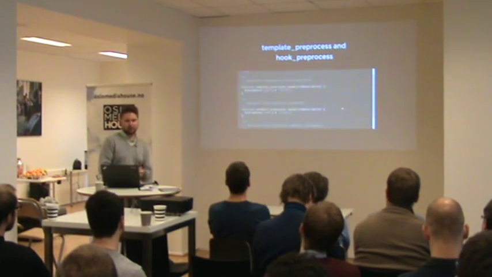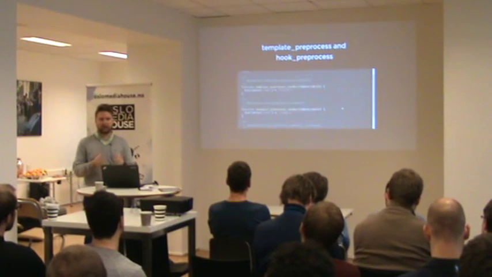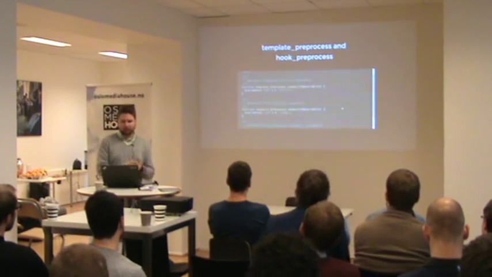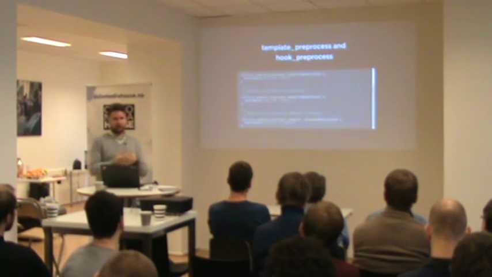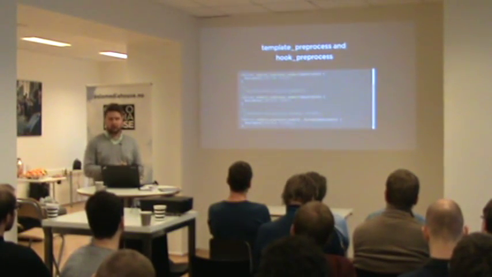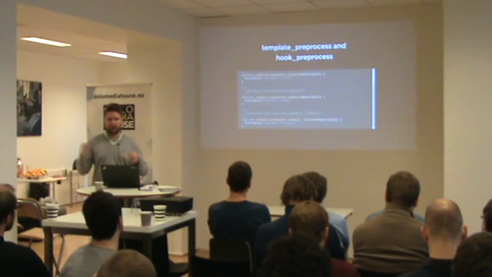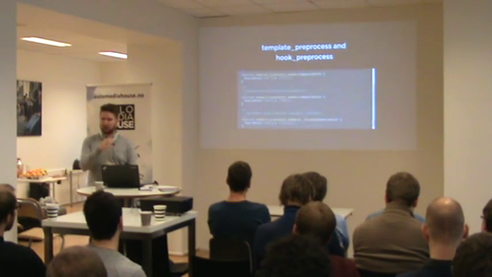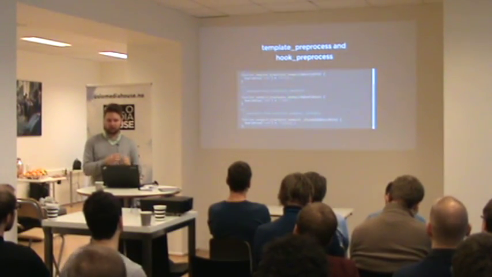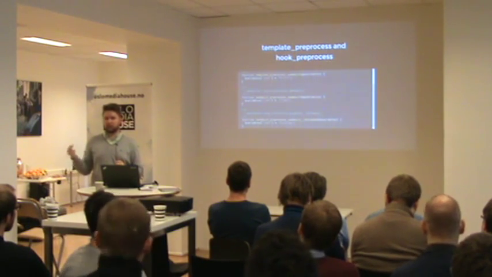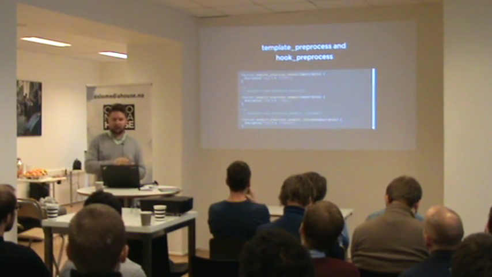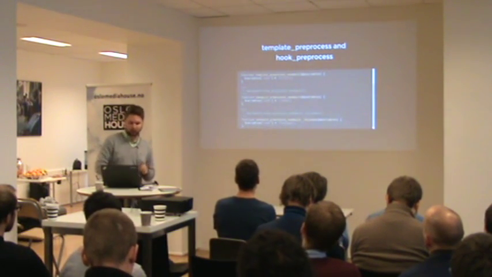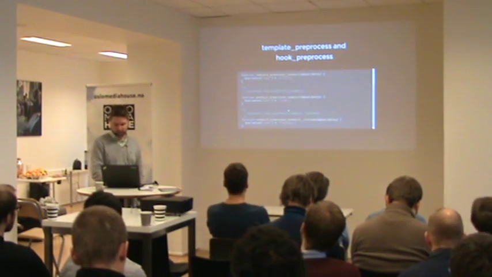So the idea of the template_preprocess function is that you can create an altering that the preprocess functions can rely on. But then, when you alter something in a preprocess function, none of the other preprocess functions can rely on what's going to happen there, because you don't know exactly what the order is going to be, except in the themes you can rely that the parent theme's preprocess function has happened, and the other modules can rely on other modules' preprocessing.